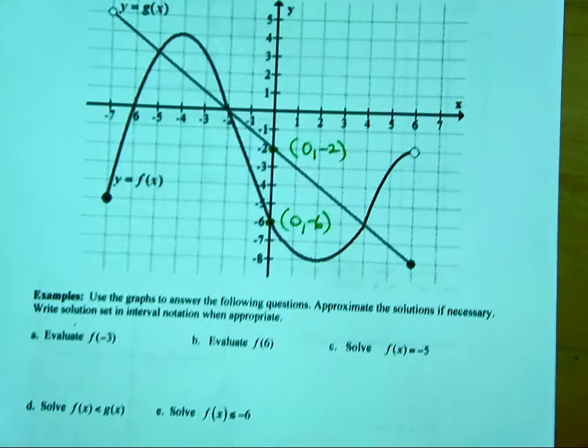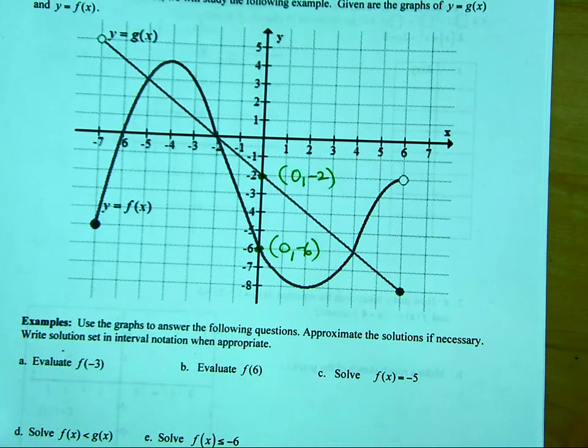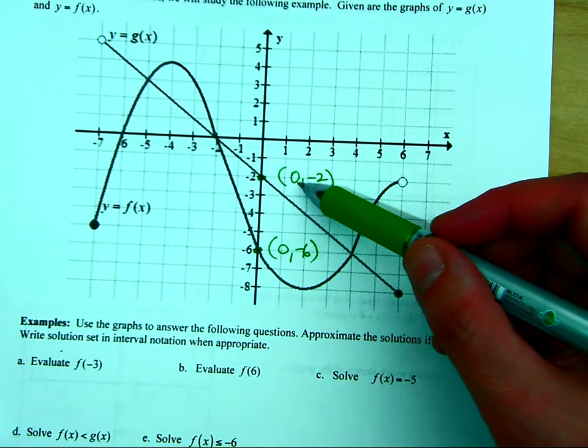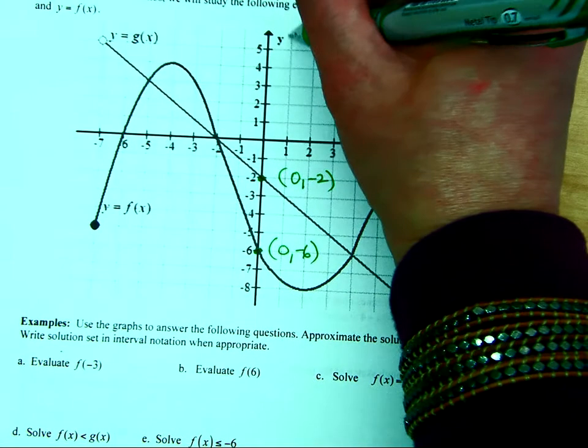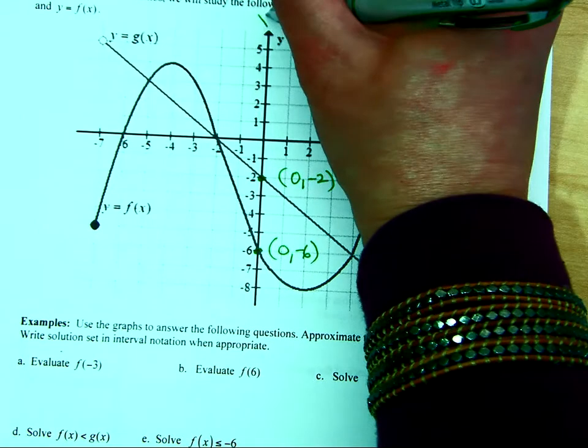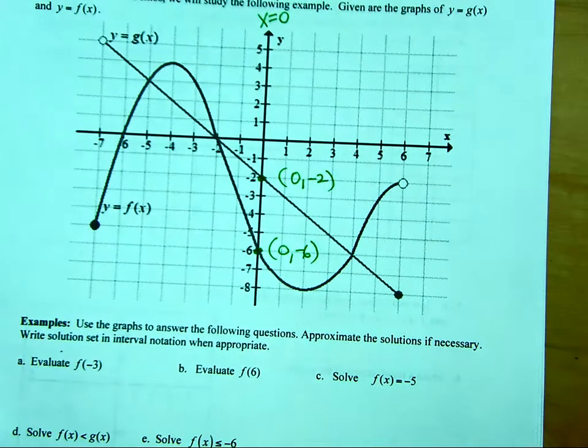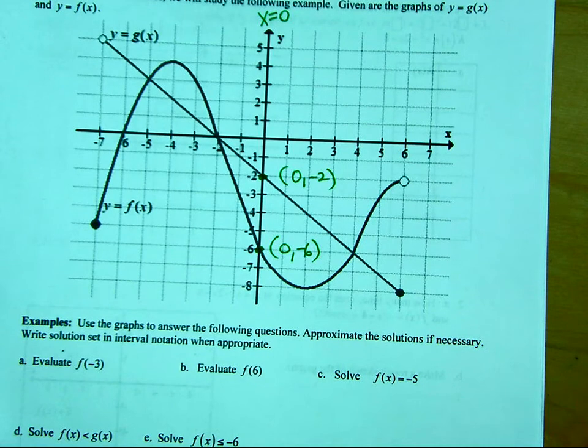What do those points have in common? Where is the 0 located? On the x. So x equals 0 is the equation of the y-axis. That's why whenever you plug in x equals 0, you always get a y-intercept.